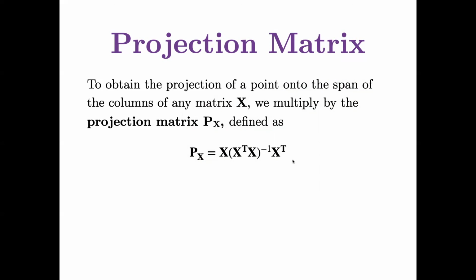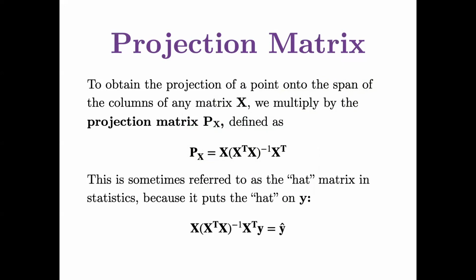Now, you may have seen this come up in your previous statistics classes. It's often referred to as the hat matrix in statistics because it puts the hat on y, meaning that when you multiply it by y, you get y hat. And of course, inside of this equation, we have the formula for beta hat, because again, our whole system of equations becomes X times beta hat equals y hat.